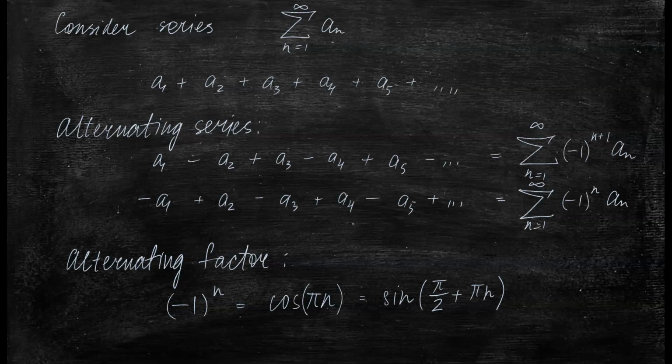So if you see any of these three alternating factors, well, that means you're dealing with an alternating series. All right, and to determine whether the alternating series converges or diverges, we're going to have the alternating series test.